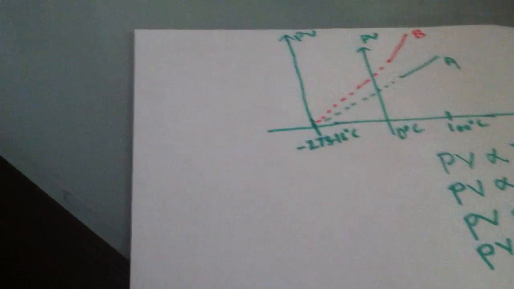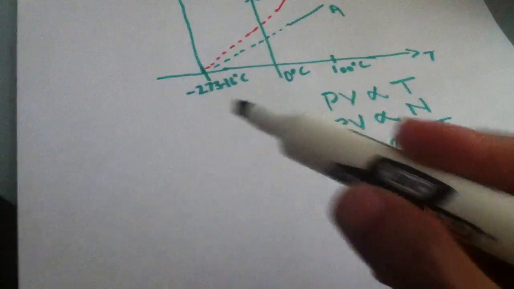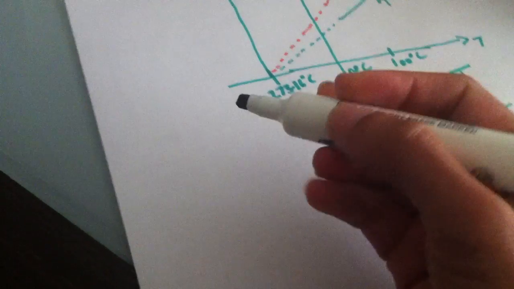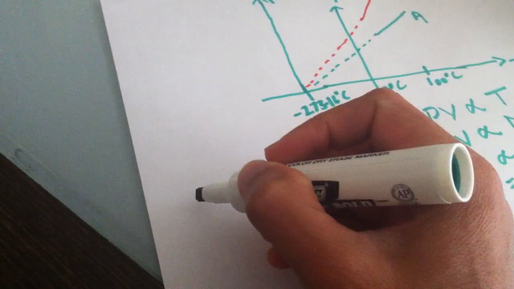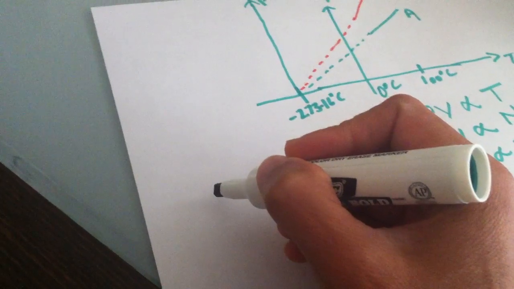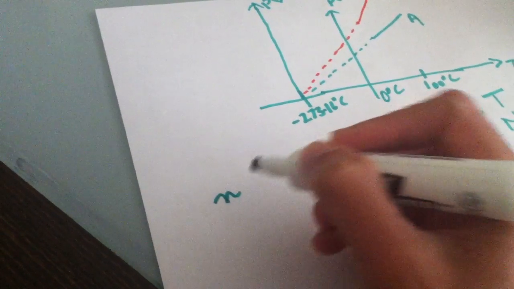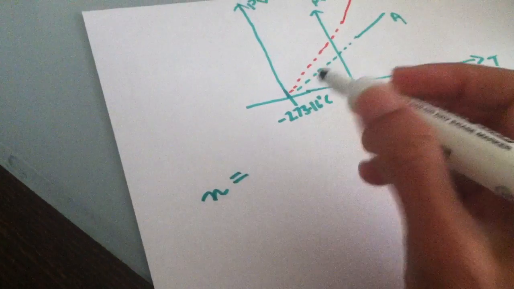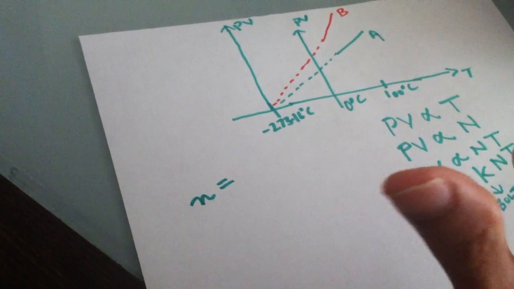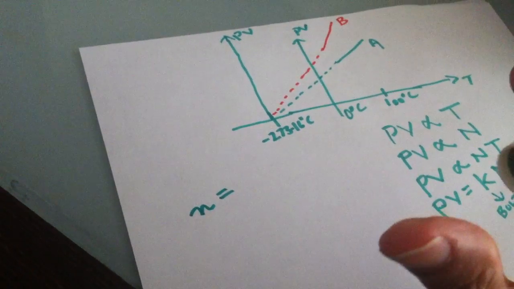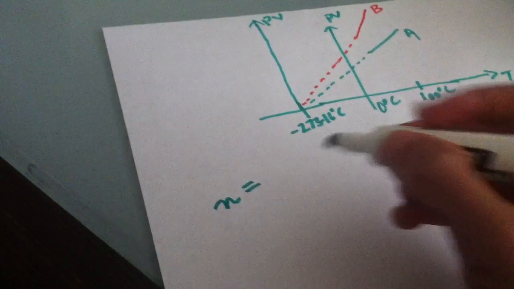So it's not very convenient to deal with such large numbers, and just for the sake of convenience, people have introduced a quantity called a mole. It's just a unit that is used to quantify how many atoms or molecules are present in a gas.